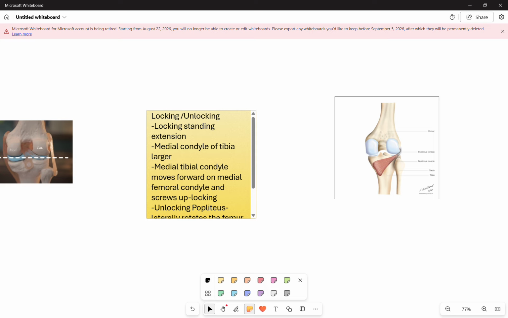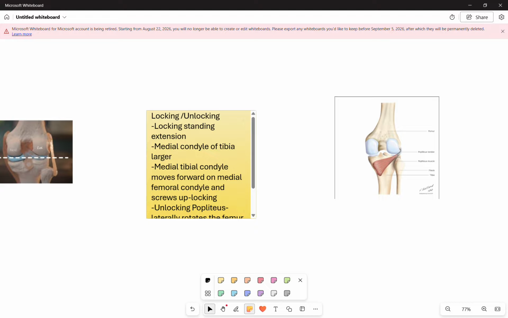Now how does the knee get locked? The medial condyle of the tibia is larger than the lateral condyle of the tibia. So the medial condyle of the tibia has to move forward to completely get engaged with the medial condyle of the femur. So this forward movement of the medial tibial condyle screws up and makes a lock with the knee joint.